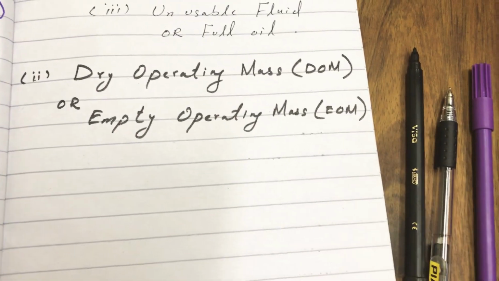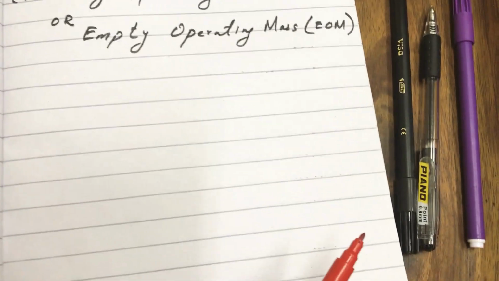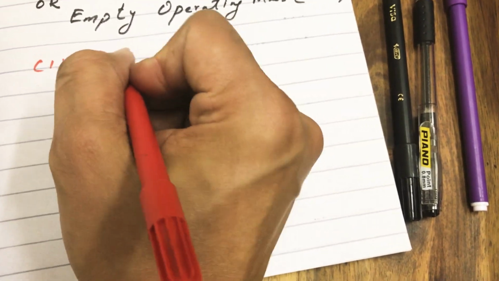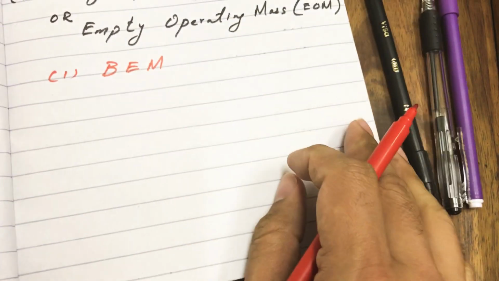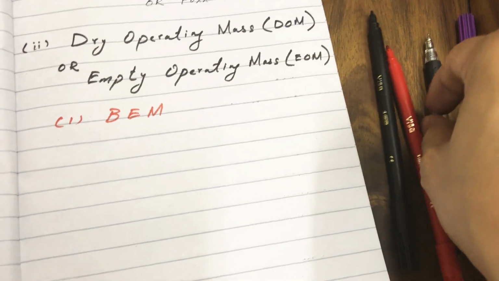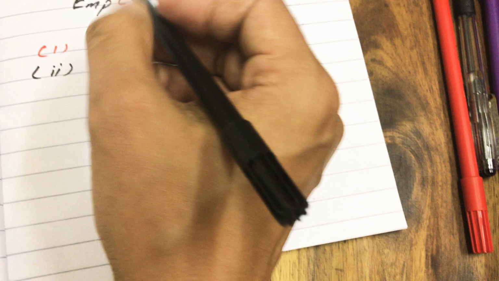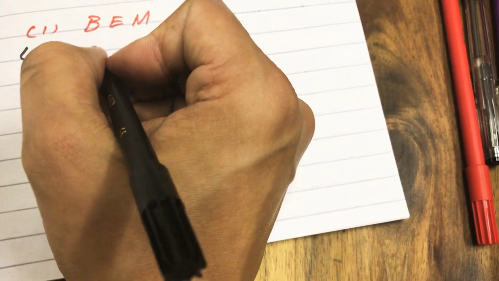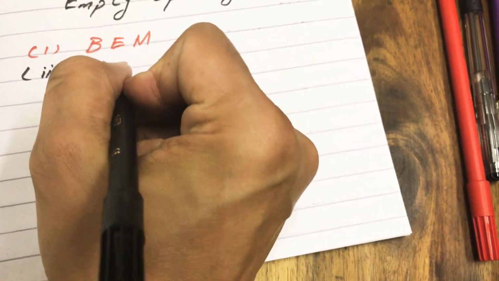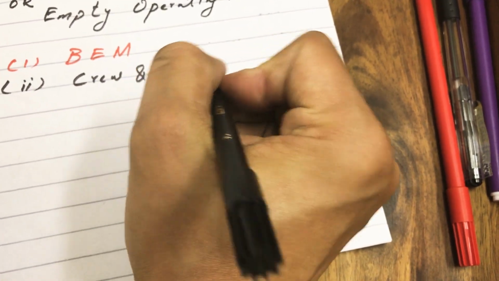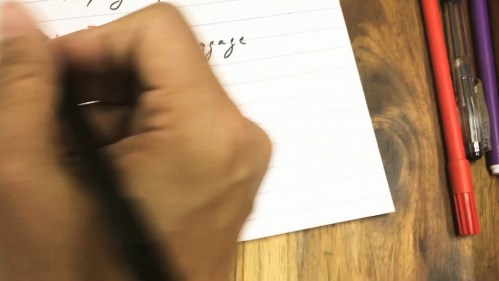Dry operating mass or empty operating mass includes basic empty mass, crew and baggage.